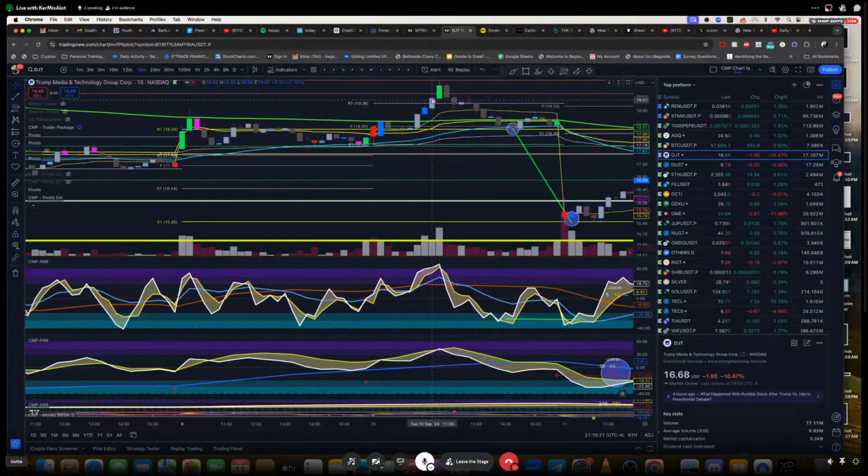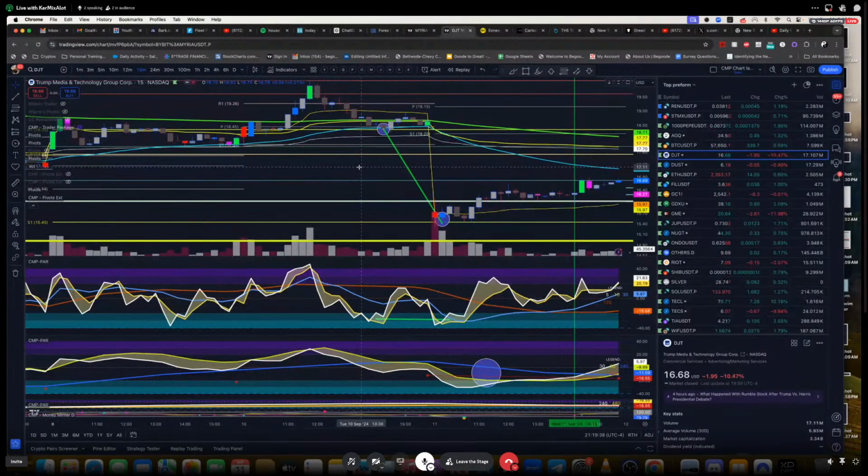Then I sold most of it around lunch, and then I saw it going down, and unfortunately I sold a little bit more here, but I was still up nicely. I saved a little bit for after the debate, and that got crushed, but luckily it was a very small position, and it opened way down here.